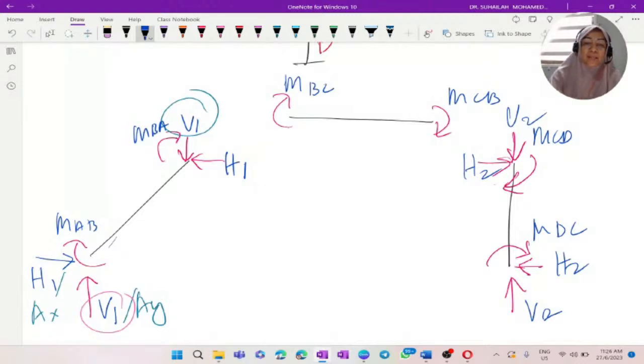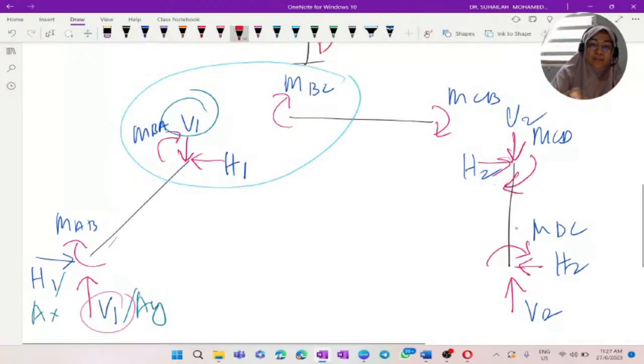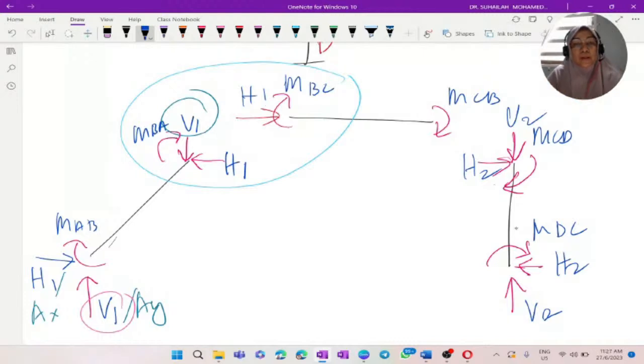At this position, we will have the same but opposite as well. This will be H1 and this will be V1, the same but opposite.